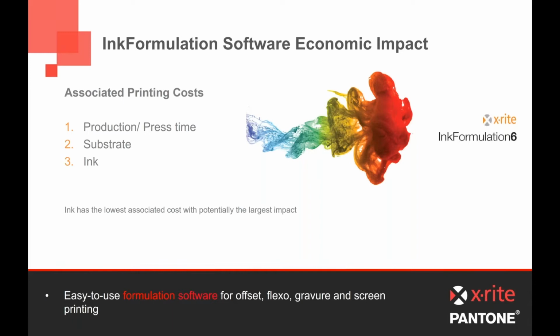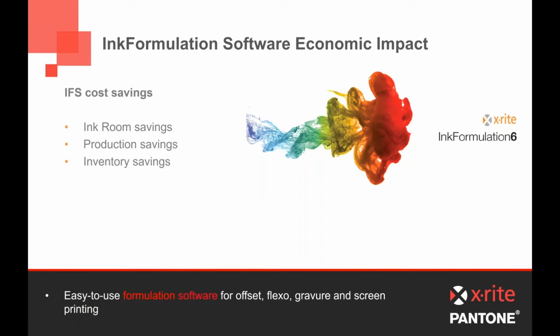While the ink is the lowest associated cost, a lot of times it has the largest impact. Where can IFS produce the most cost savings? It produces it in the ink room, in production, and it drastically benefits you in the inventory.